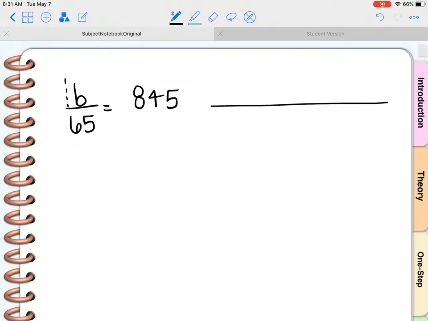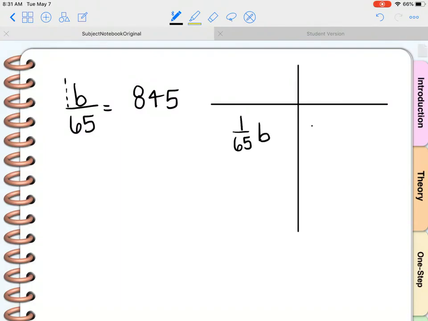And then we come over to the solving frame and set up this problem. So I have 1/65 b and 845. 845 is constant. Variable is b.